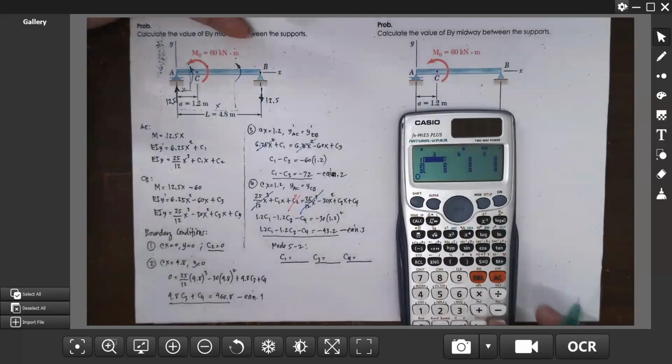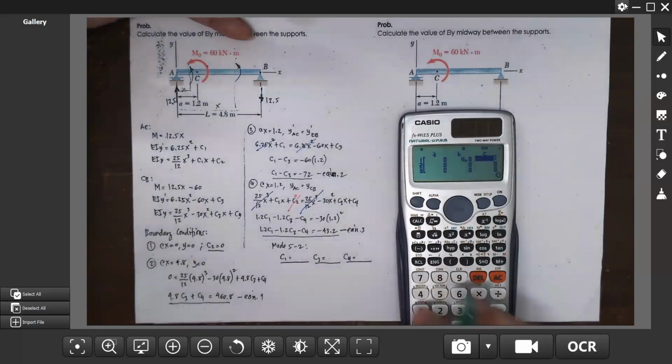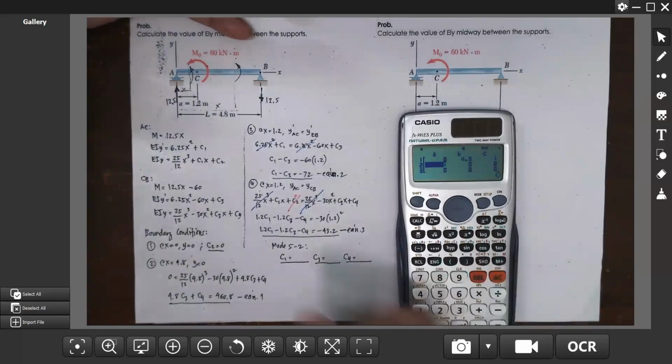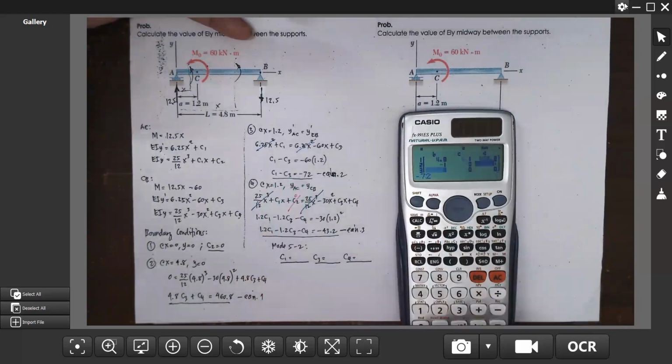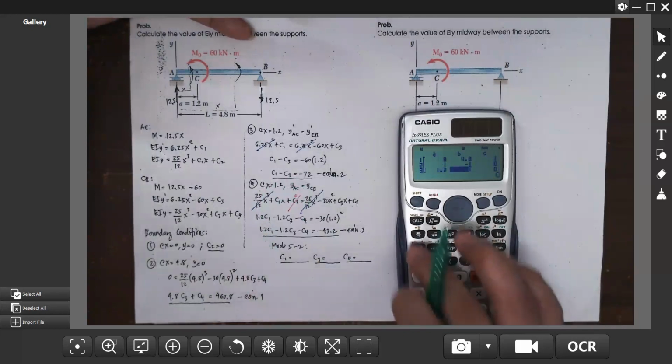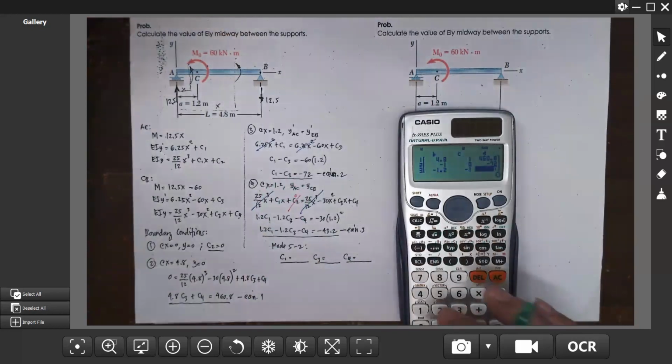So, 0, dayon 4.8, dayon C4 is 1, dayon 460.8. Dire, C1 is 1, C3 negative 1, C4 is 0, and then negative 72, and then last it's 1.2, negative 1.2, negative 1, and negative 43.2.